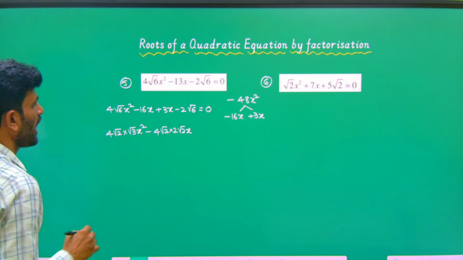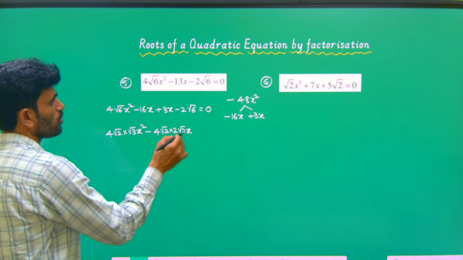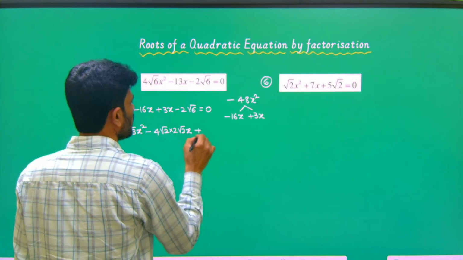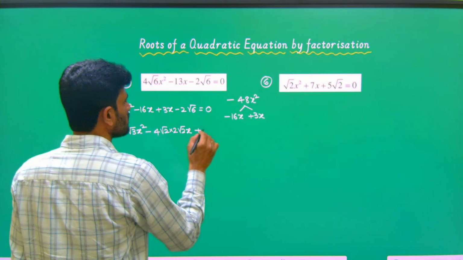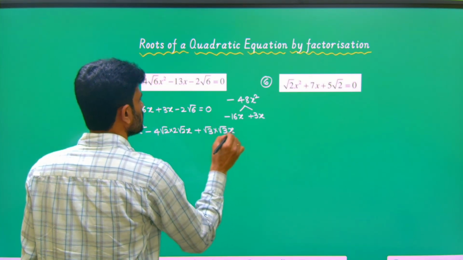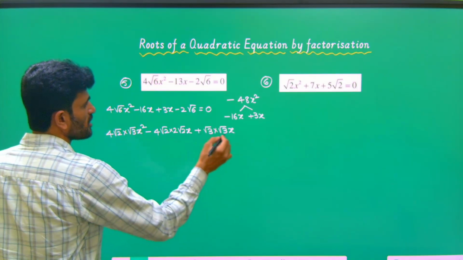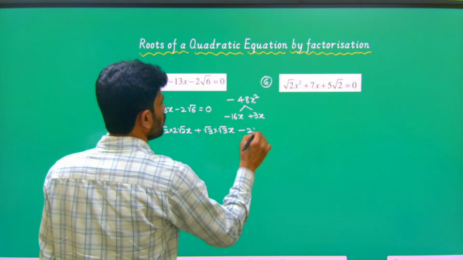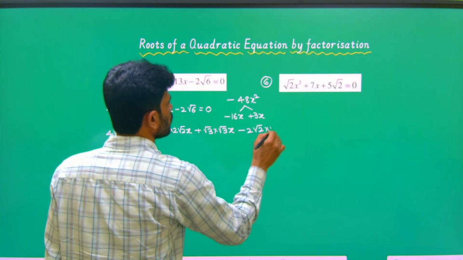Okay, 16, I wrote it as 4 root 2 into 2 root 2x. Why I wrote like that, you will understand now. Now I am writing this 3x as root 3 into root 3x. See, now I have here root 3x, here also root 3x. And the next term, I am writing it as 2 root 2 into root 3.